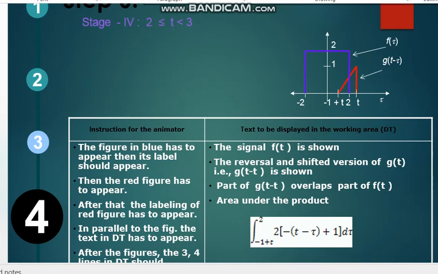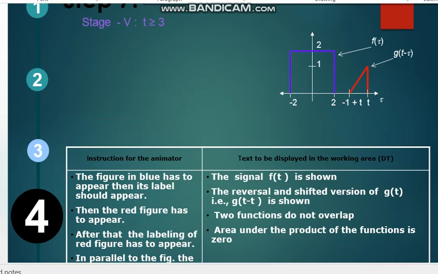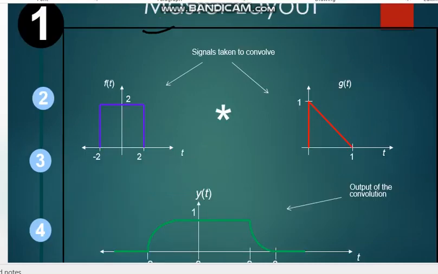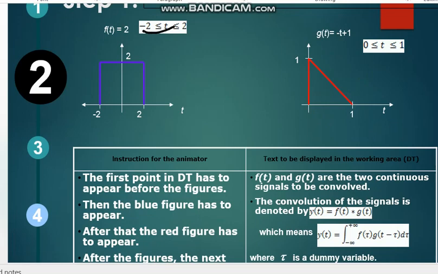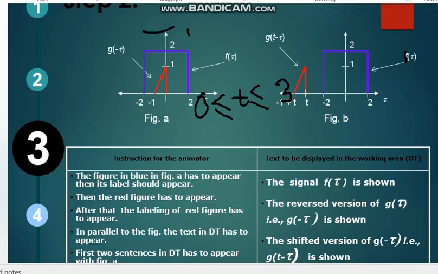Now the next step of convolution, we will get this, because when it is beyond 3, that is the highest limit, t is equal to 3. We find it out from here, and to repeat, it should give the range 0 to 3.